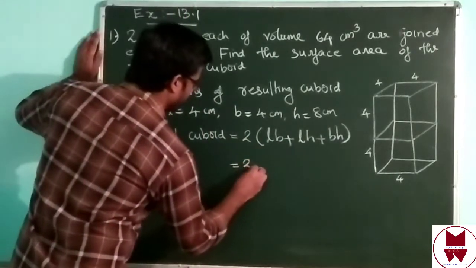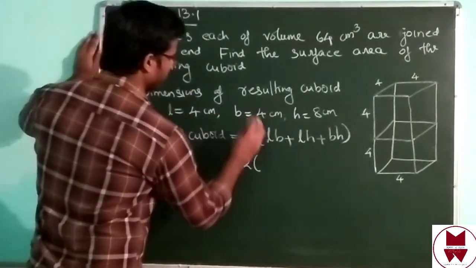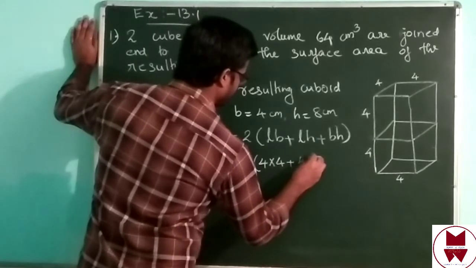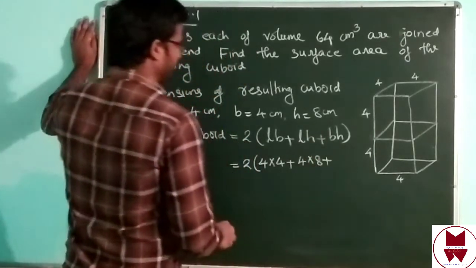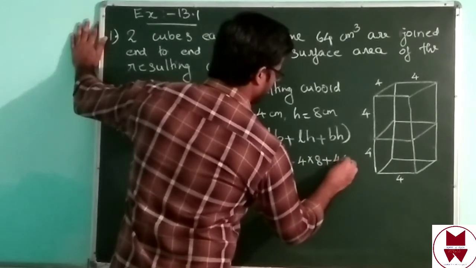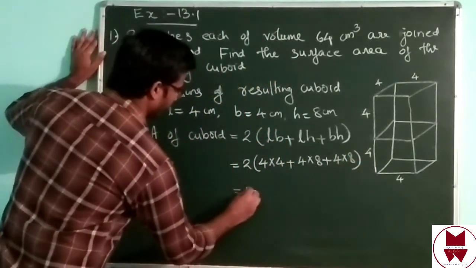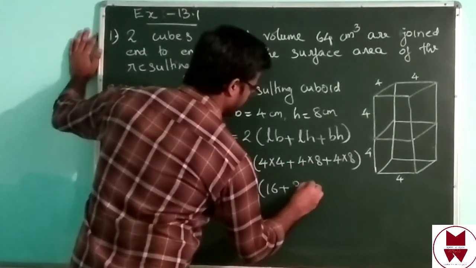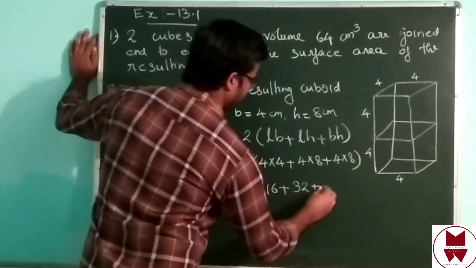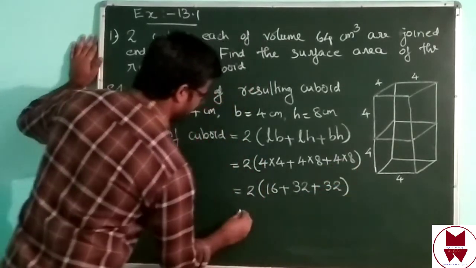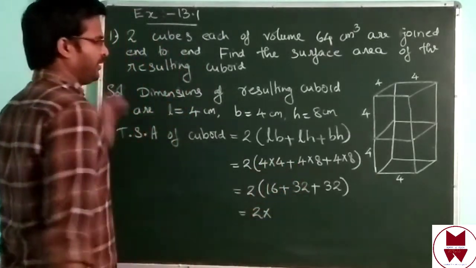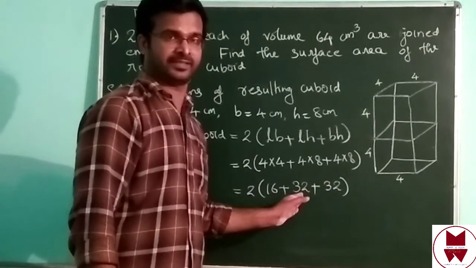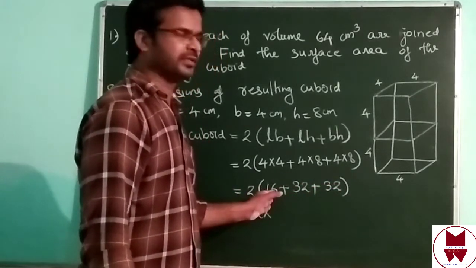Then 2 into LB. LB means 4 into 4. Plus LH. LH means 4 into H is 8. Plus BH. BH is 4 into H is 8. 2 into 4 into 4, 16 plus 4 into 8, 32 plus 4 into 8 is 32. 2 into, you can add 32 plus 32 plus 16. 32 plus 32 how much? 64, isn't it? 64 plus 16.